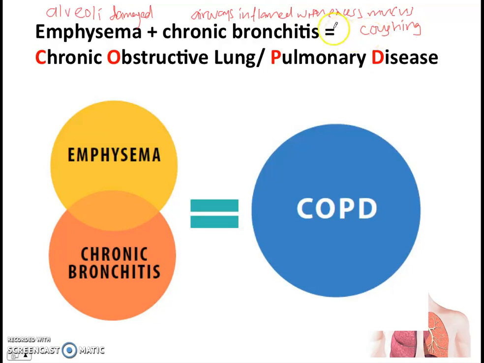So altogether, if you have chronic bronchitis and you don't treat it and then you get emphysema, altogether it is called chronic obstructive pulmonary disease or chronic obstructive lung disease, COPD or COLD. So emphysema and chronic bronchitis together, we have a term for it called chronic obstructive pulmonary disease.